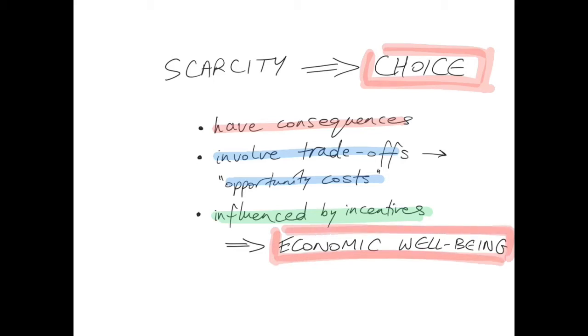So consumers, producers, the government, workers will often act and make their economic choices driven by pursuing their economic well-being. These are the incentives that they often face. So now I've just introduced the first concept, which is scarcity, the second, which is choice, and the third, which is economic well-being. And we've seen how all three of them are linked together.